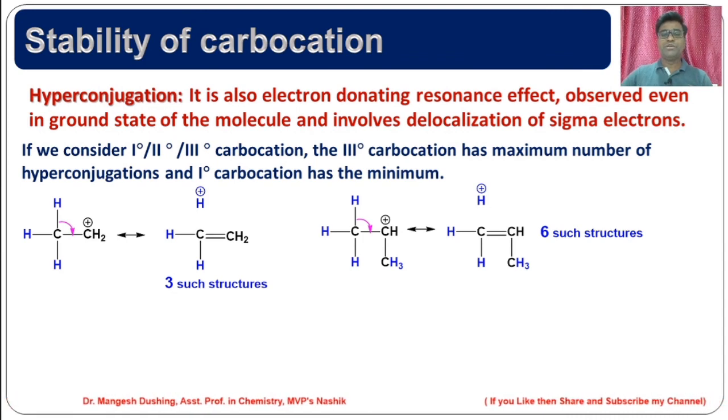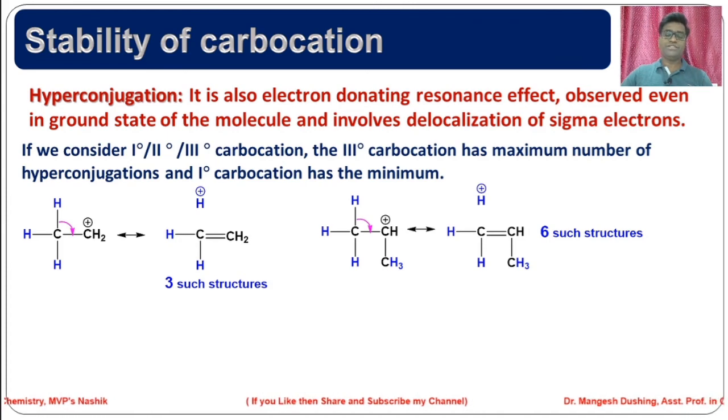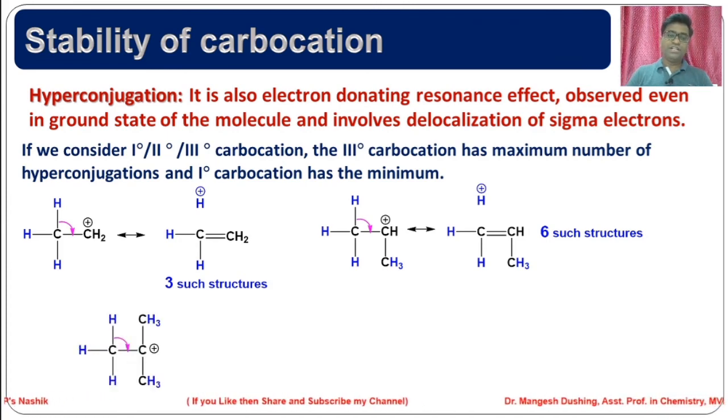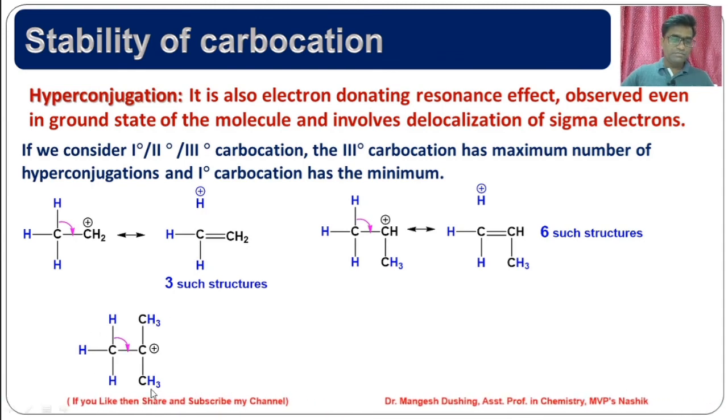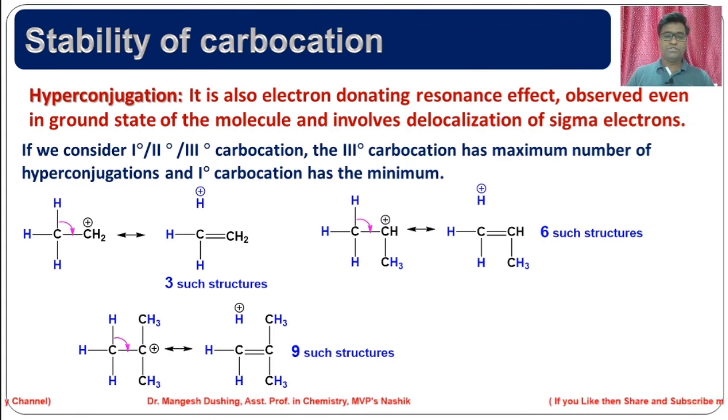So it will be a more stable carbocation due to hyperconjugation of 6 alpha hydrogens. If the carbocation is tertiary, there will be 3 plus 3 plus 3, so 9 alpha hydrogens, and 9 such structures are possible. So tertiary carbocations are much more stable than secondary and primary carbocations in hyperconjugation.